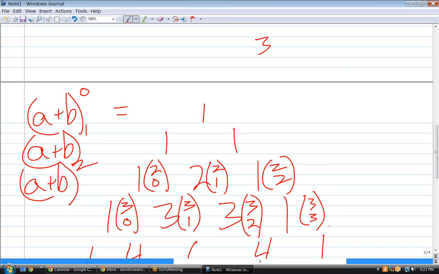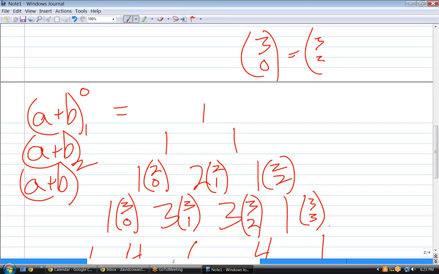Notice why 3 choose 0 is the same as 3 choose 3, because it's 3 factorial over 3 factorial. Either one of them is 3 factorial over 3 factorial. This first one is also 0 factorial, and by definition 0 factorial is equal to 1, which is quite strange, but it is.